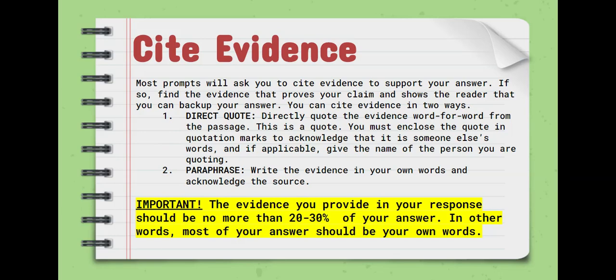Those are those 2 little squiggly commas up in the air together. You must enclose the quote in quotation marks to acknowledge that it is someone else's words, and if applicable, give the name of the person you are quoting. It's important to do that because you want to give voice and credit to the person that actually said that information and not take credit for it.